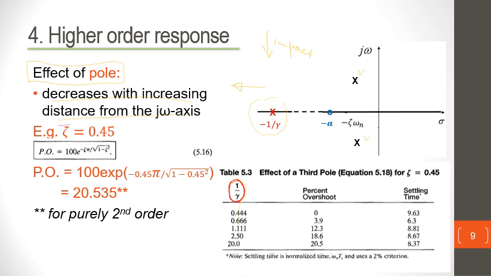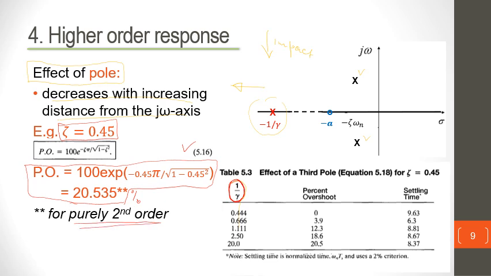So let's say now the adjacent poles have this damping factor. It therefore means that we can use equation 5.16 to substitute and find the peak overshoot if this system was purely a second order system. So if it was purely a second order system, we see that our peak overshoot will be around 20.53 according to the calculator. So this is for a purely second order system.